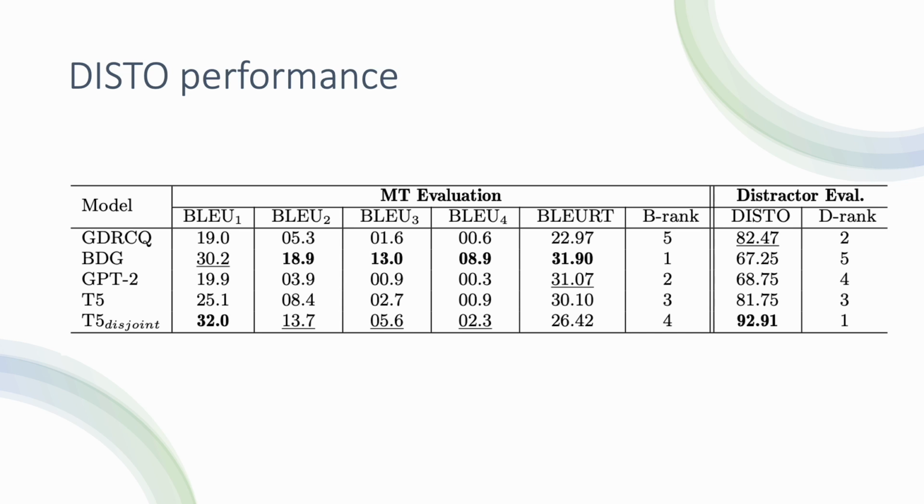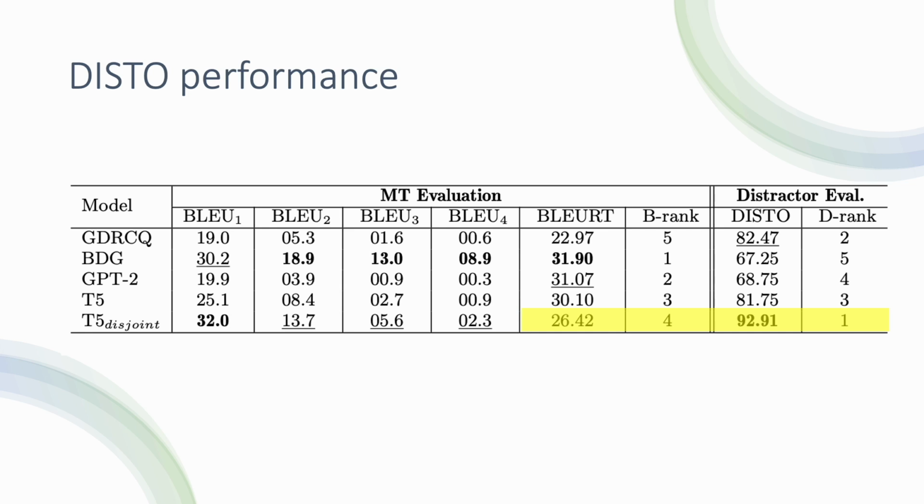You can see that the model that performs best by BLEURT score also has fairly high BLEU scores, but it has the lowest DISTO score of any of the models we tested. Conversely, the model with the highest DISTO score has one of the lowest BLEURT scores amongst the models we tested.